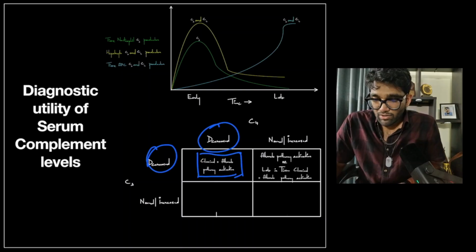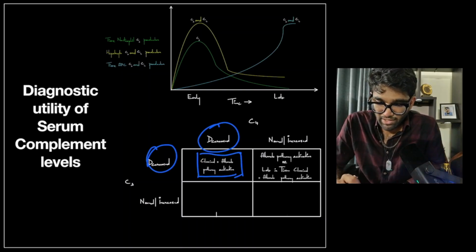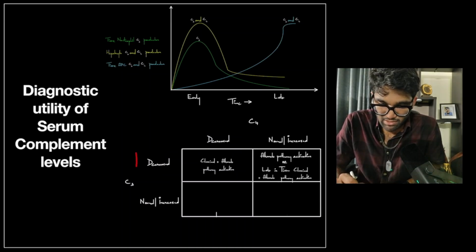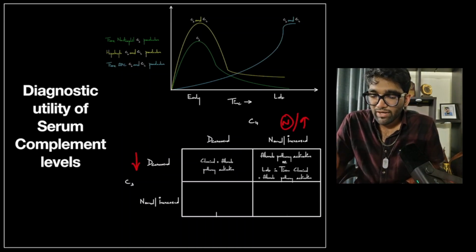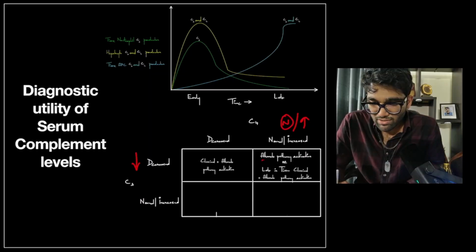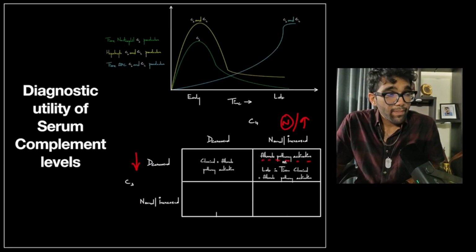Okay. Now on the other hand, if you have a reduction in C3 and you have normal or elevated C4 levels, then naturally we suspect that C3 utilization is increased.